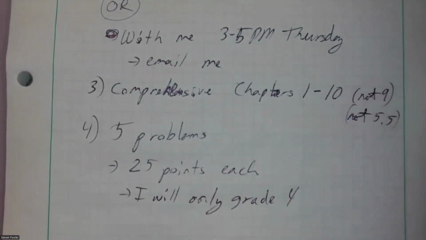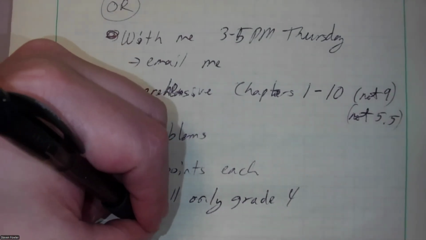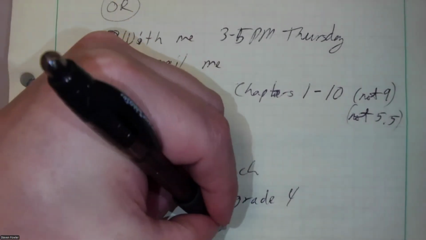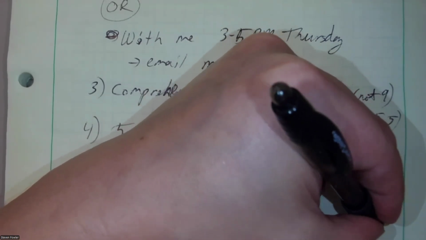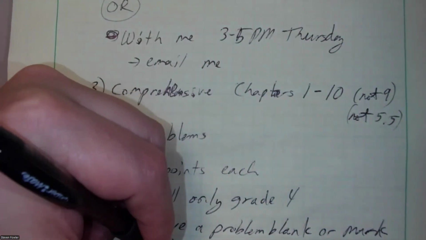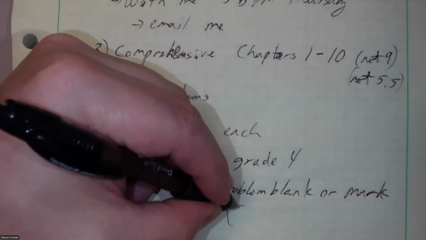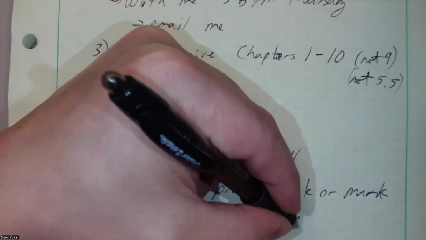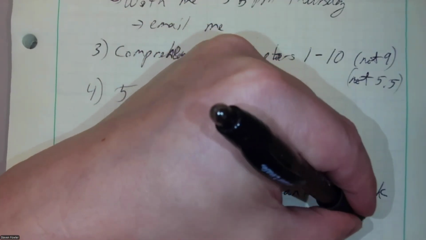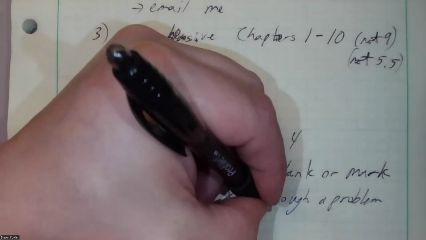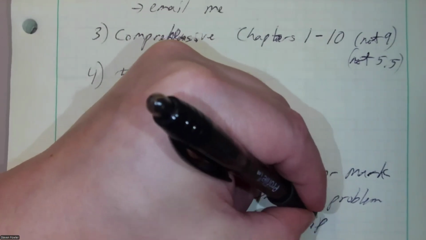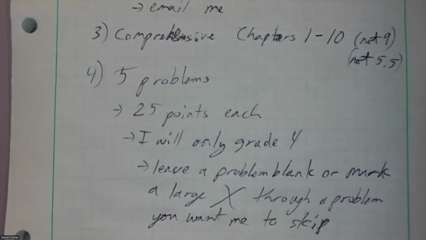What that means is I will only grade your 5th problem if you leave a problem blank or mark a large X through a problem you want me to skip. That is the only reason I will grade your 5th problem.